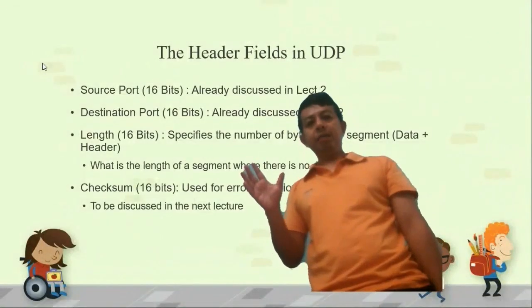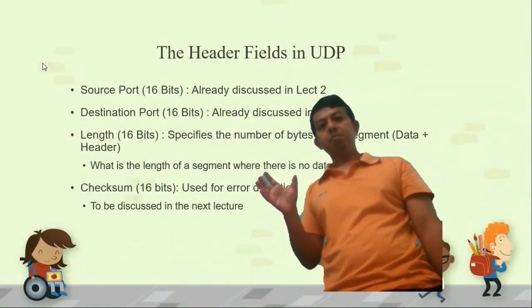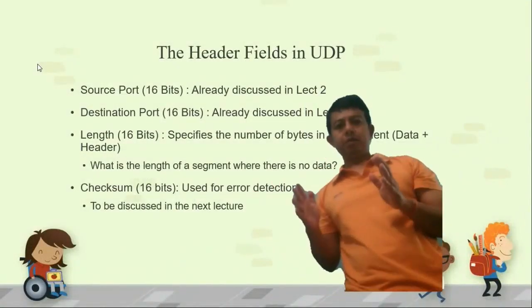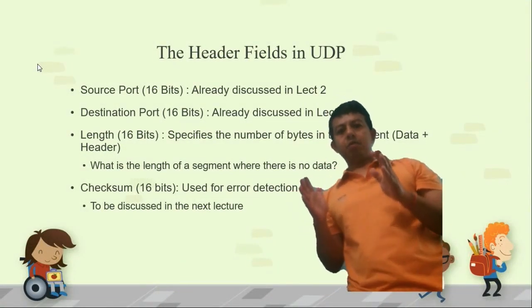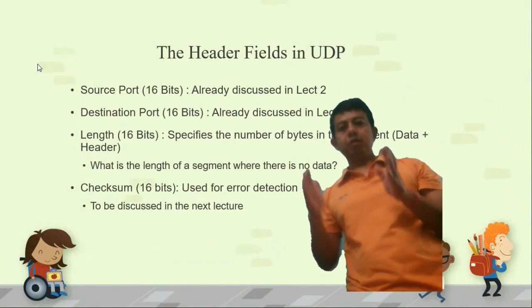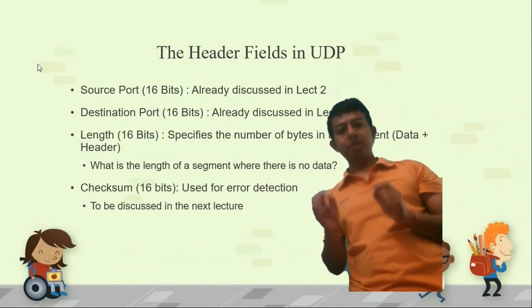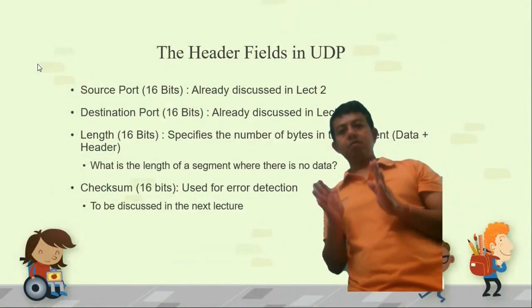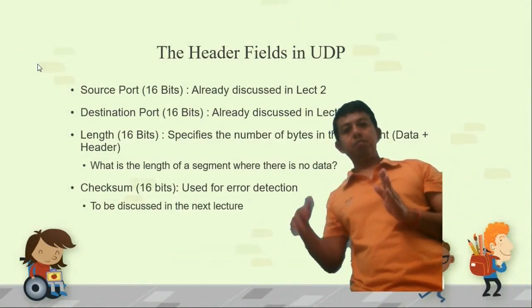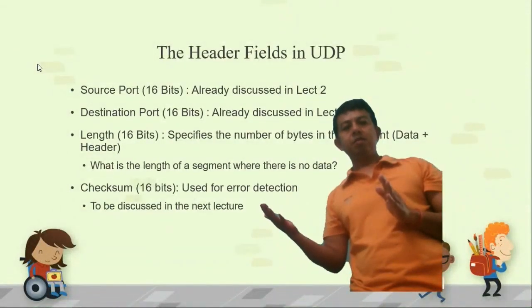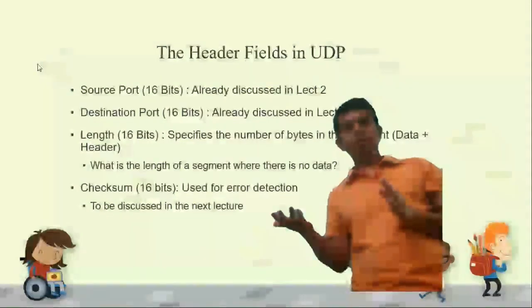Now, the size of the segments is always in multiples of bytes. Let me clarify this once again. The total size of a UDP segment needs to be in multiples of 2 bytes. That means the size of a UDP segment can be 10 bytes, can be 12 bytes, can be 14 bytes, can be 16 bytes, but it cannot be something like 11 bytes or 13 bytes or 15 bytes.